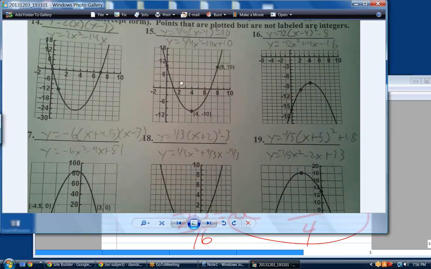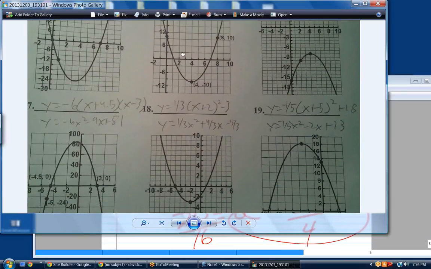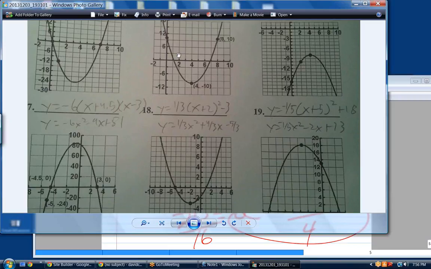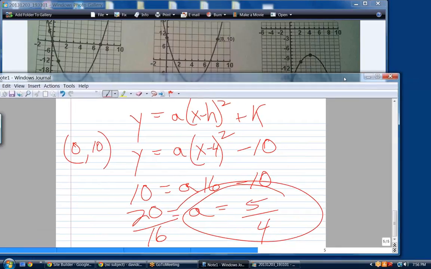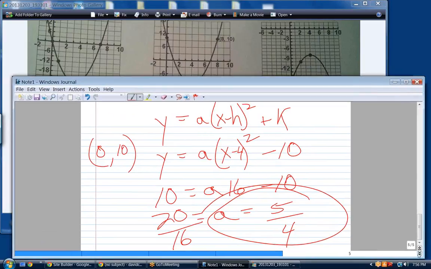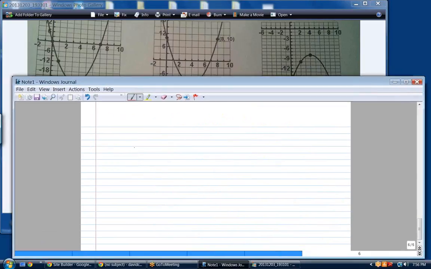16. What are we going to do with 16? 16 will be vertex form. Okay. Tell me what to write. So the vertex is 4 comma negative 8.